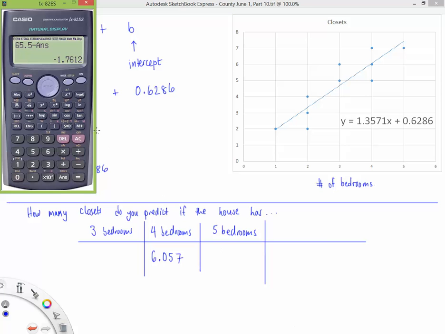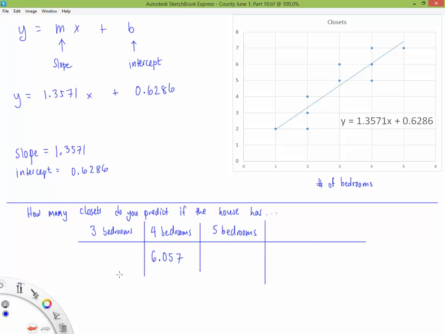6.057, great. I want you to make predictions for houses with 3 bedrooms and houses with 5 bedrooms.